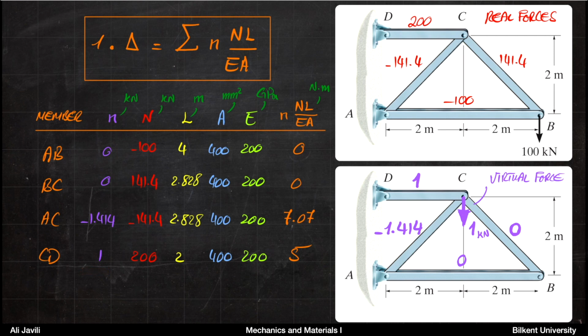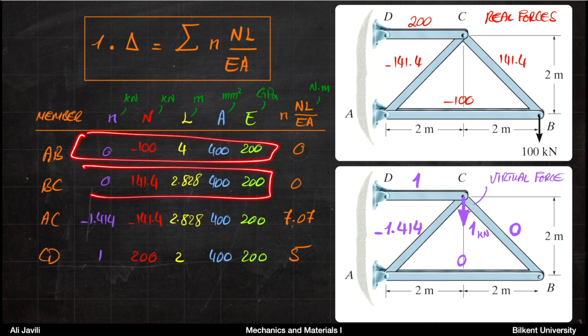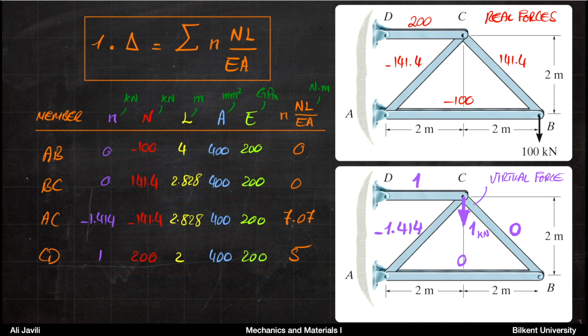So if you calculate this relation n times NL over EA, basically by using each row's quantities, you would have 0, 0, 7.07, and 5. You add them up and you would have 12.07 Newton meter. So again, the unit here is Newton meter.